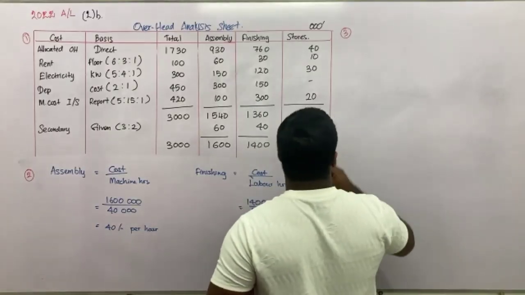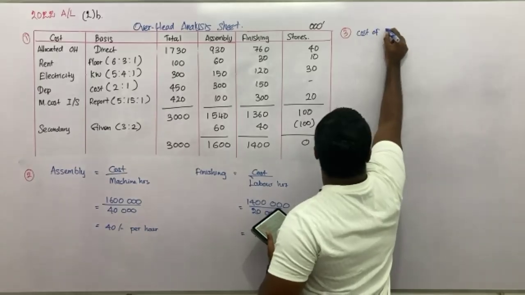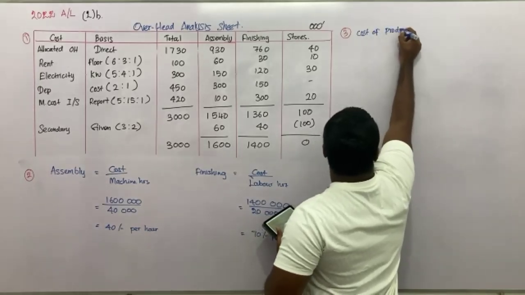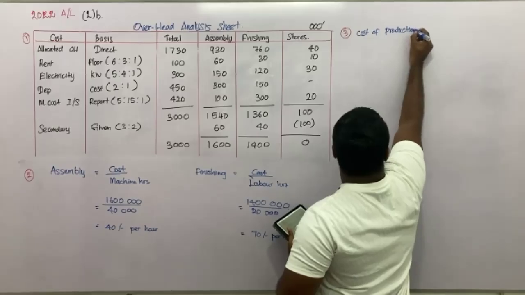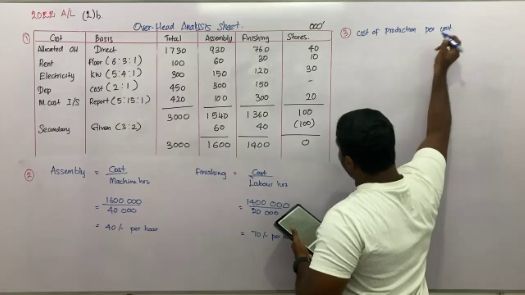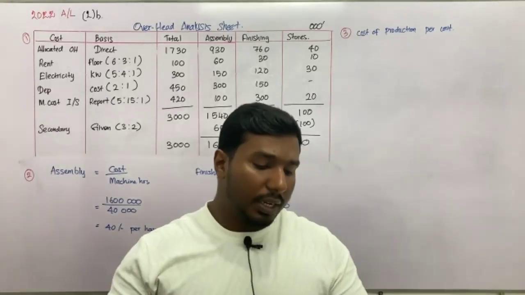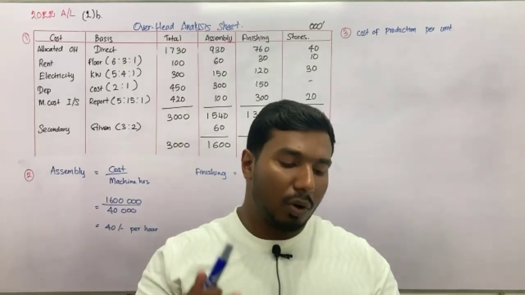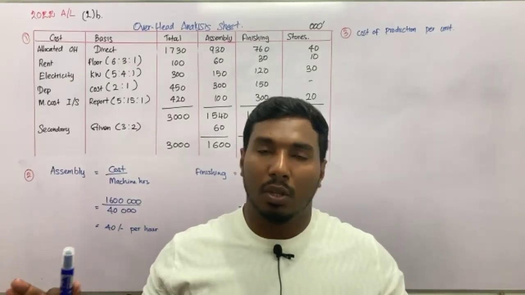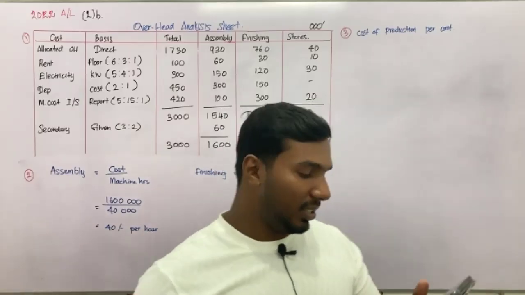That will be the heading. Cost of production per unit. So how to calculate the cost of the production? Go to the additional information number 4, direct materials, direct labors, all the details are given below. So what we have to do is simple, add them and summarize it. That's it.